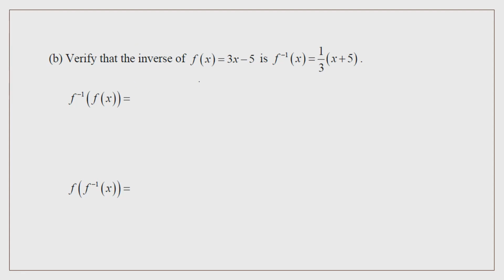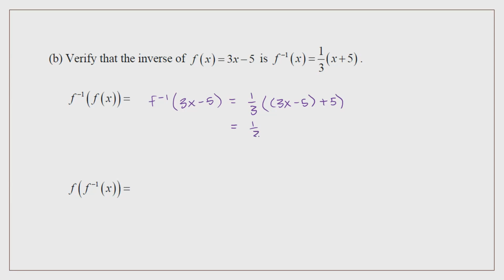Let's do another one. We have f of x and we have the inverse function of f of x. So first we're going to take the inverse function of f of x. So f of x is 3x minus 5. We're going to substitute that into the inverse function. So that's 1/3 times 3x minus 5 plus 5. Then we can simplify.